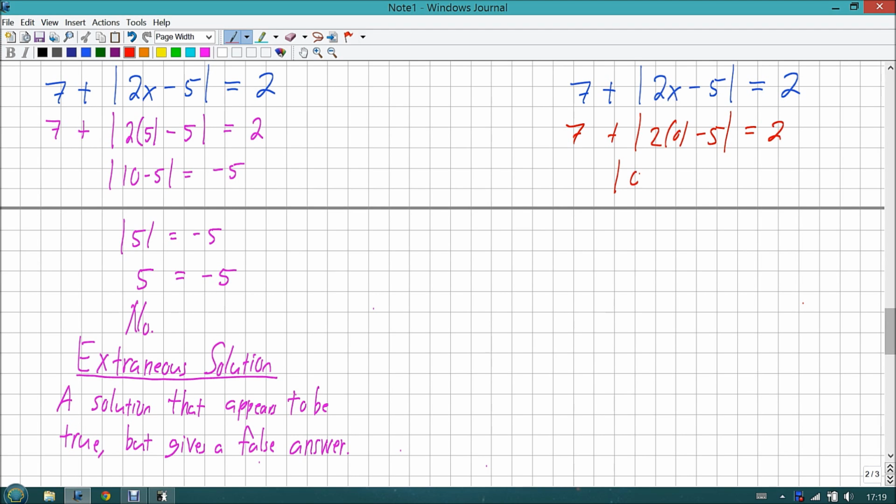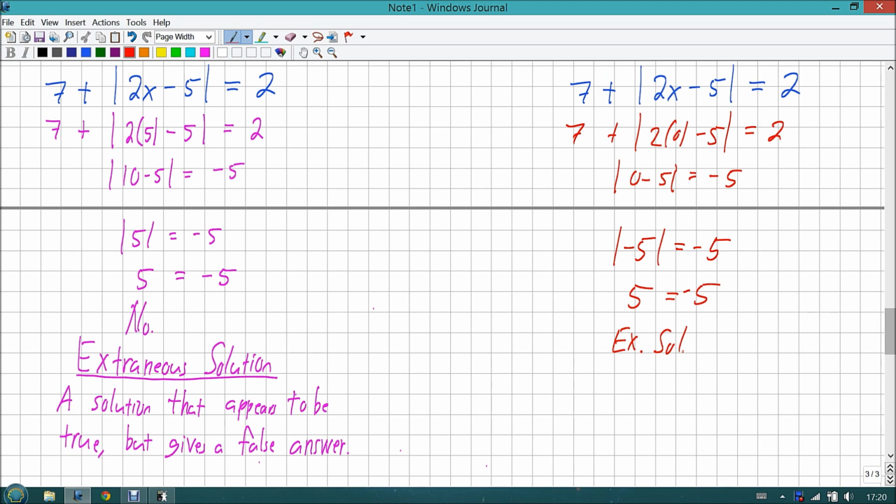The absolute value of 0 minus 5 is equal to negative 5. The absolute value of negative 5 is equal to negative 5, and what happened again? We get 5 equals negative 5 for the second time. So what happened? This is also an extraneous solution.